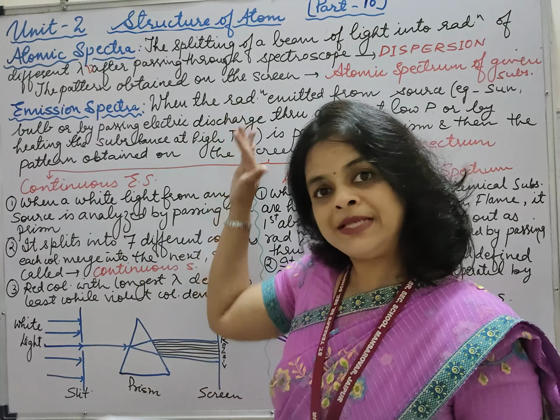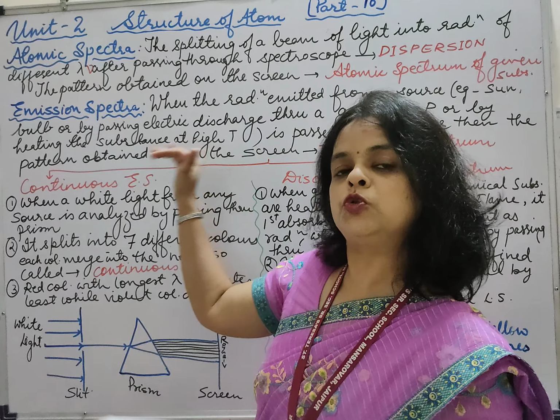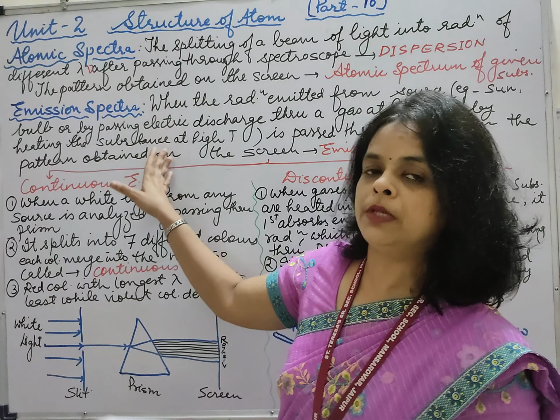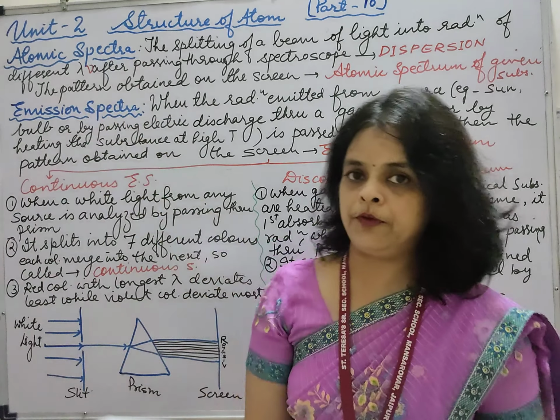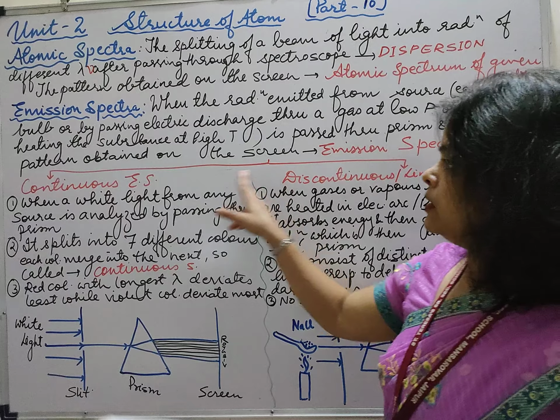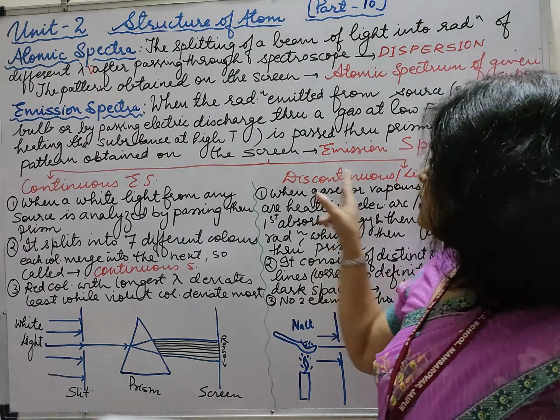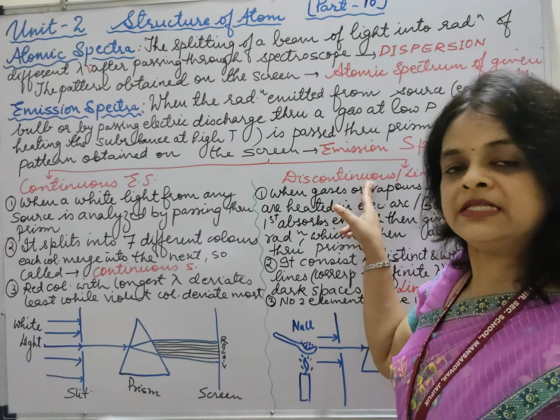We pass the radiations through the prism, splitting takes place, and the pattern we get is called the emission spectrum. Now emission spectrum is of two types: continuous emission spectrum and discontinuous or line spectrum.